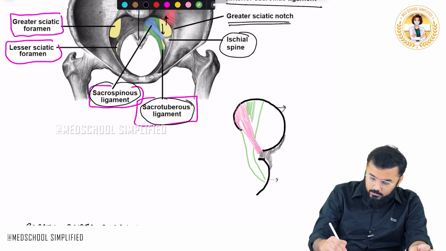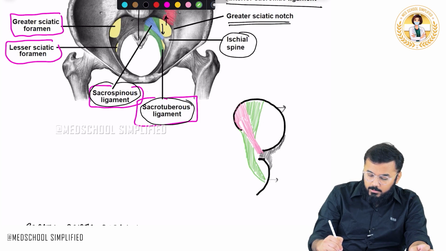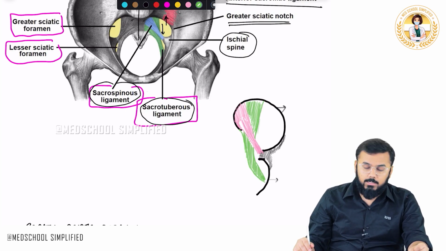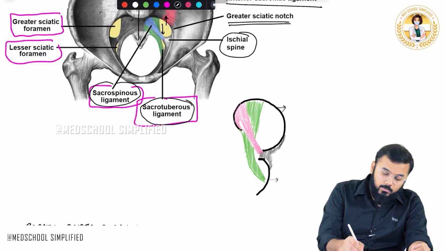You see this? This particular ligament which you can see over here is called the sacrotuberous ligament. So one is the sacrospinous ligament, another one is the sacrotuberous ligament. Let me write it down over here.